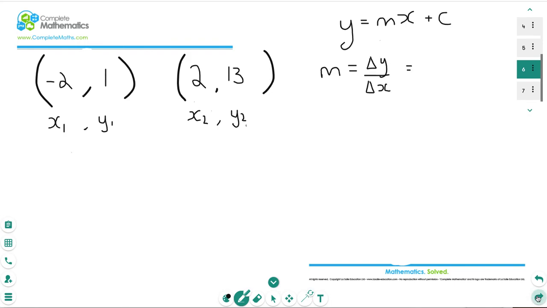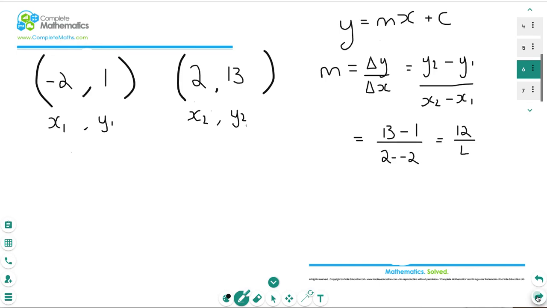We can do the change in y by y2 minus y1 divided by x2 minus x1. Substituting our values, 13 take away 1 divided by 2 minus -2 gives us 12 over 4, which gives us a gradient of 3.